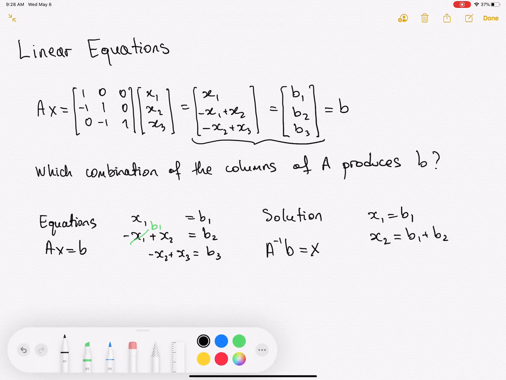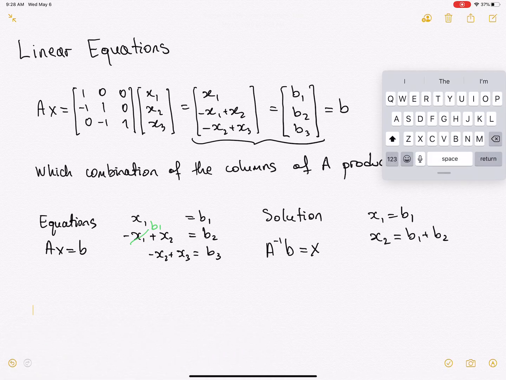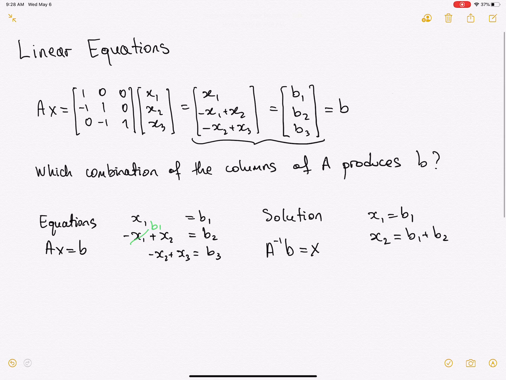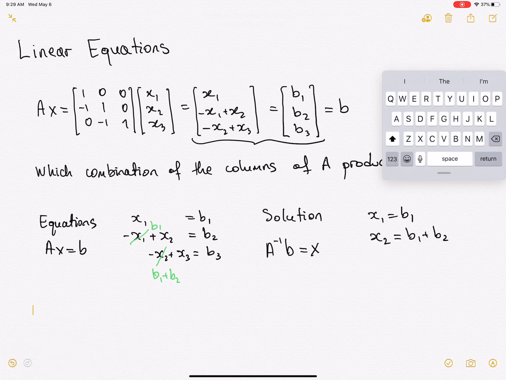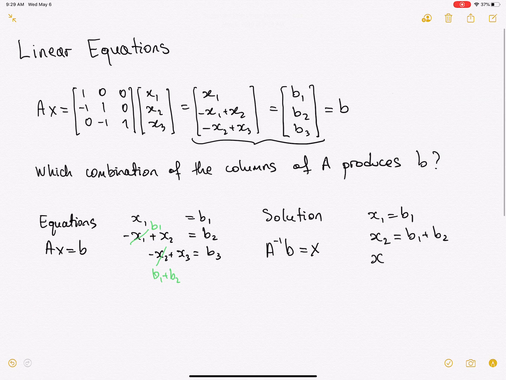Now we have found x2 and we can replace that in the third equation. So instead of x2 here, we have b1 plus b2. And we see that in fact x3 is given by b1 plus b2 plus b3.